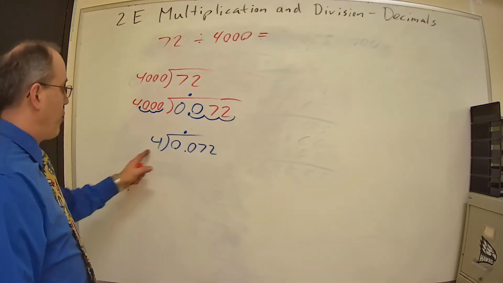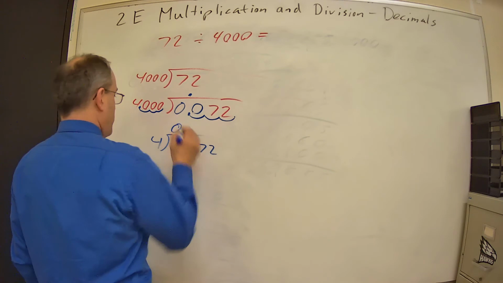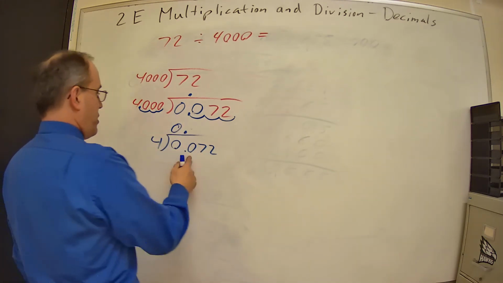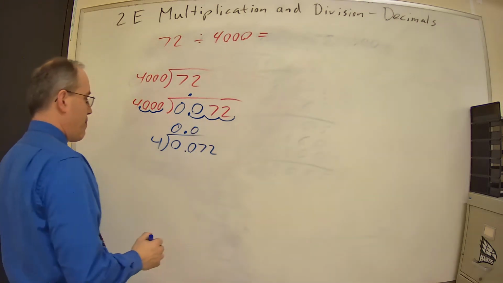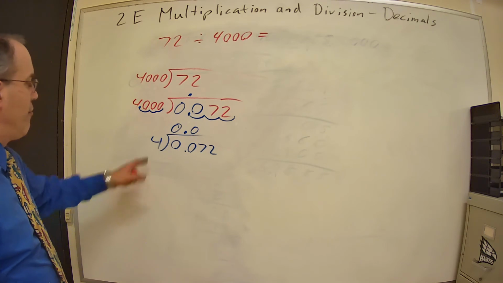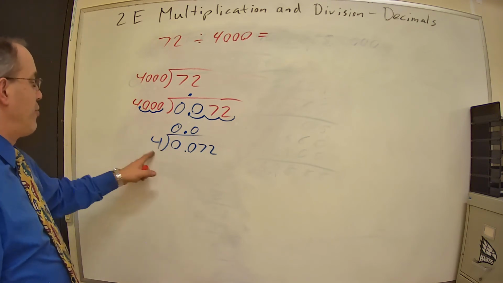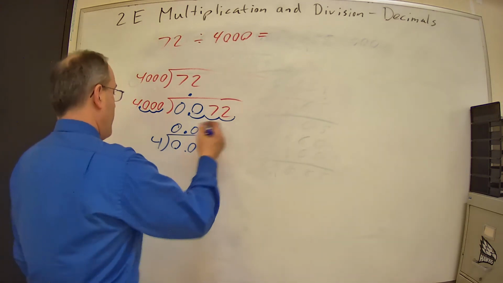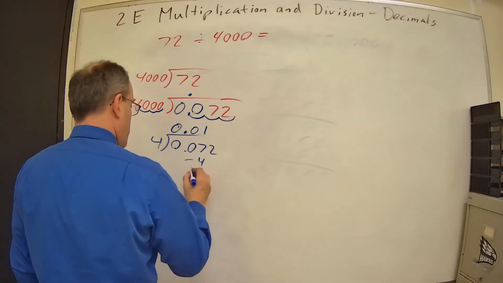And I can go, 4 goes into 0, 0 times. I'm not going to write that down because obviously 4 goes into 0, 0 times. 4 goes into 7 once. 1 times 4 is 4. Subtract and I get 3.